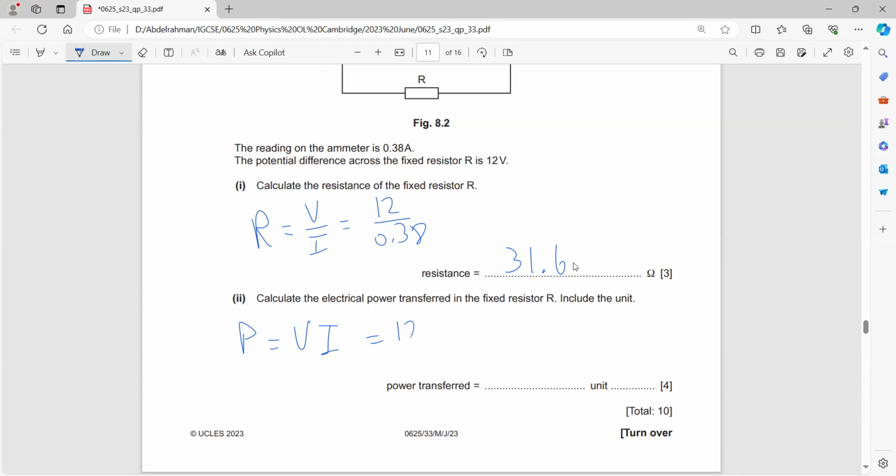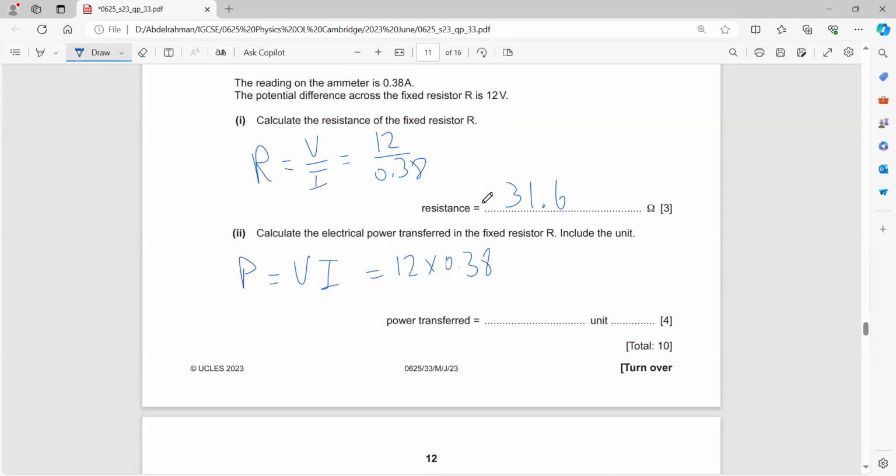Energy equals VIT. That's a new equation we're required to know. So power equals VI, energy equals VIT. The power is 4.56, or 4.6. What's the unit? Watts. Exactly, the unit is watt.